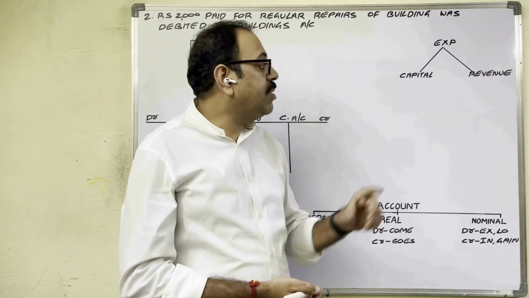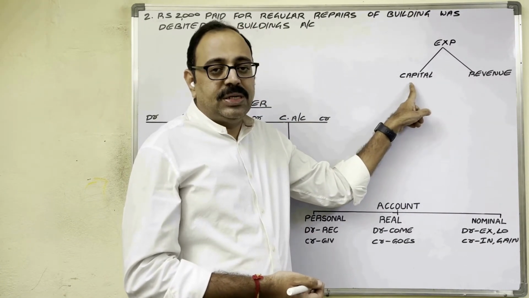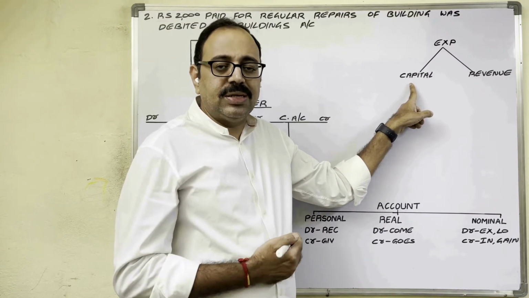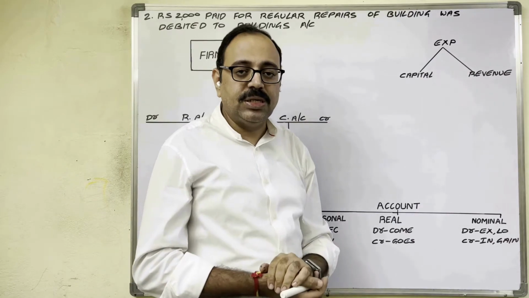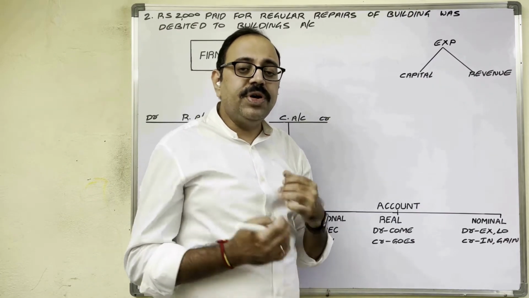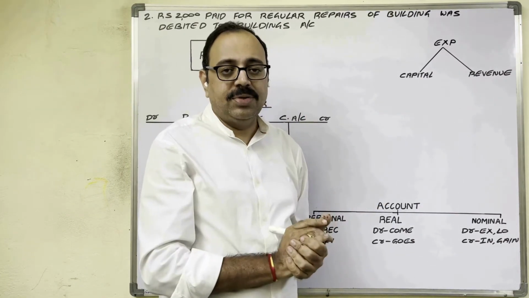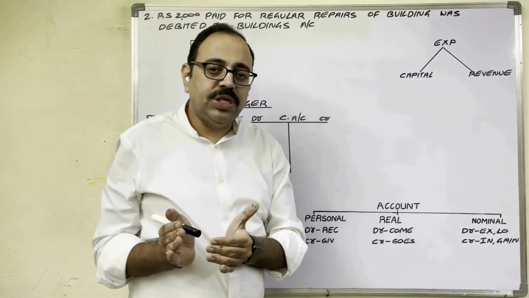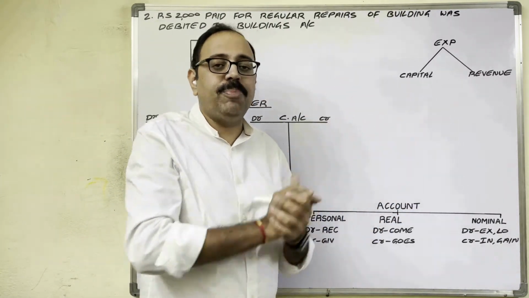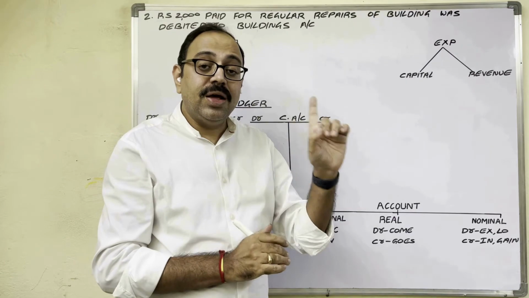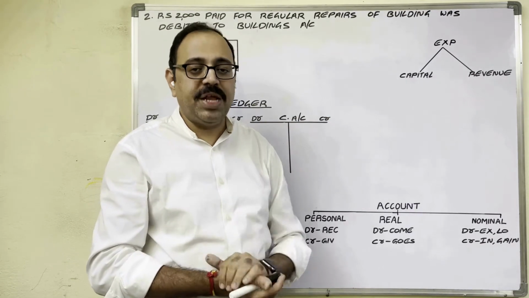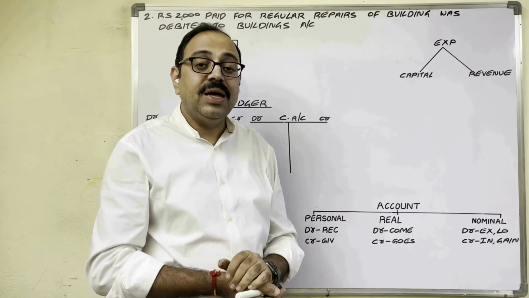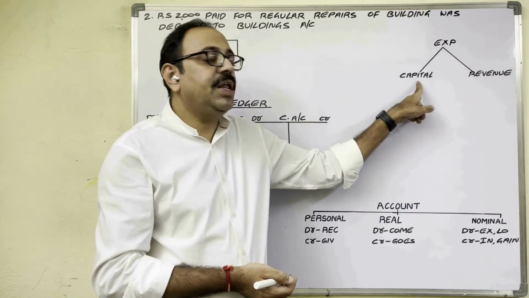Rare expenses come under capital expenses, and regular, recurring expenses are known as revenue expenses. Suppose the firm purchased a second-hand building. To bring that building into usage, the firm spends money on repair. So this is rare expenditure. Only one time the firm is incurring this repair expenditure. In that case, repair expenditure becomes capital expenditure.